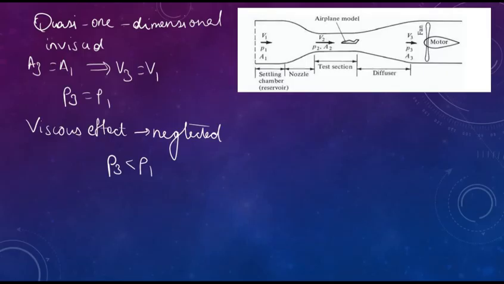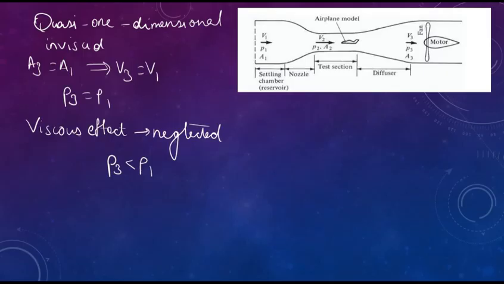Therefore, the function of the wind tunnel motor and fan is to add power to the airflow in order to increase the pressure of the flow that is coming out of the diffuser, and it can be exhausted to the atmosphere or it can be returned to the inlet in case of a closed circuit wind tunnel.